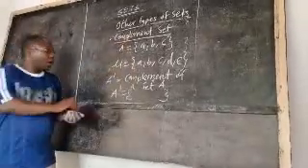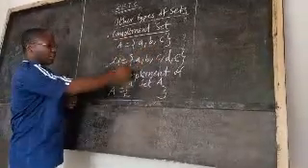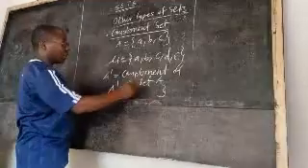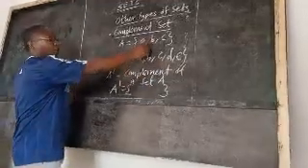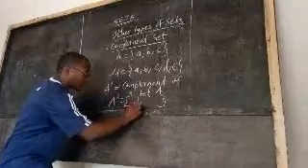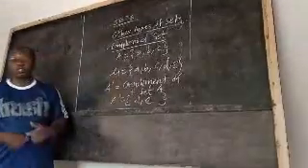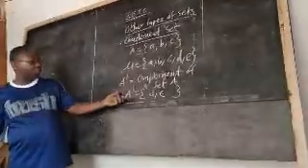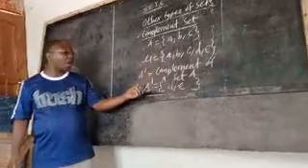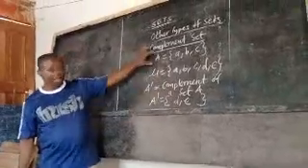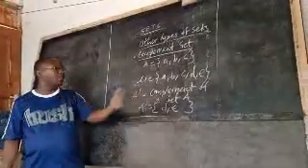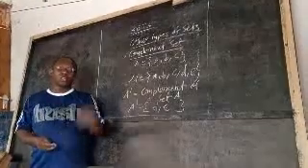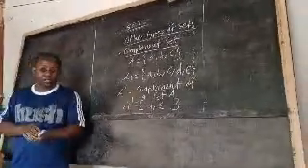D and E are not found in A, so D and E are the complement of set A. That is the meaning of the complement of a set.